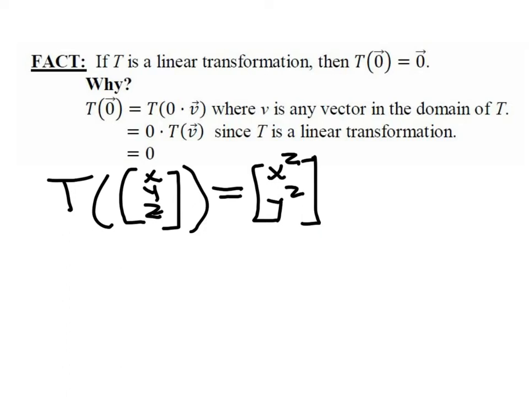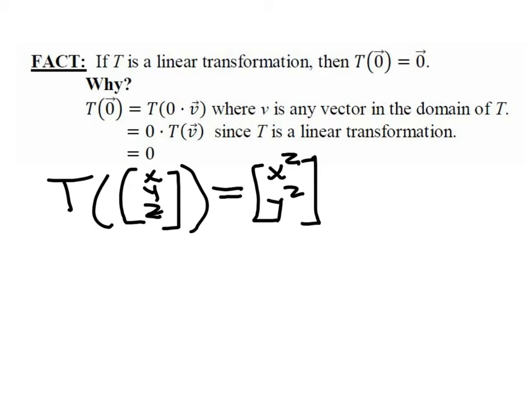The first point I wanted to make, referencing what a lot of students cited in their response to question 6, is this fact: if T is linear, then T of the zero vector is equal to the zero vector. The logic does not flow both ways with that statement. If T is linear, then T of 0 equals 0. In fact, I used the fact that T is linear in the proof of this fact.